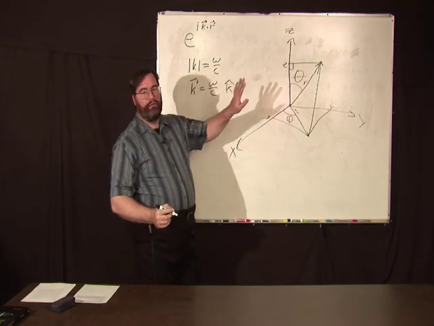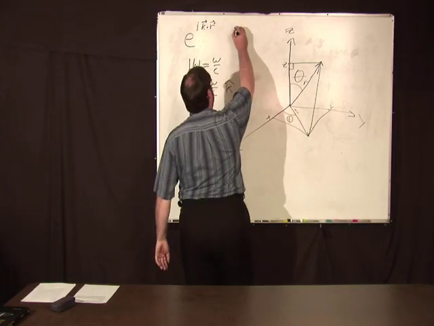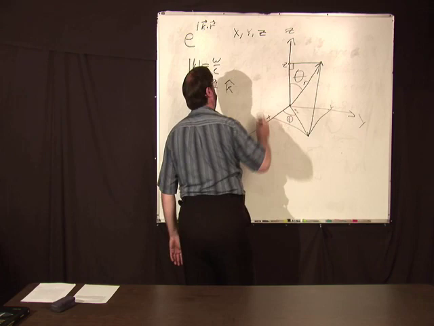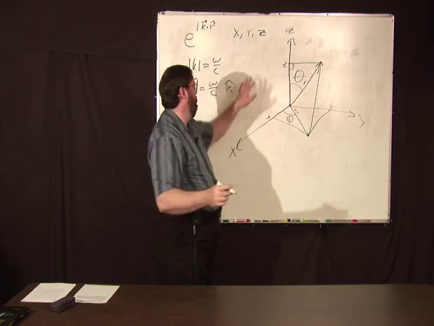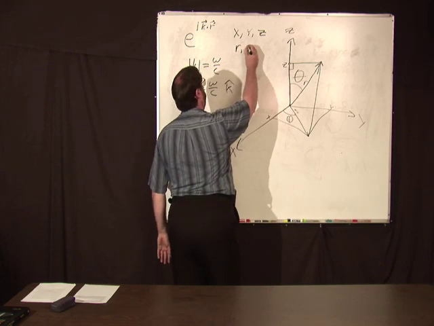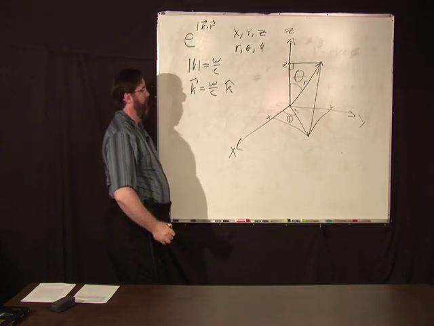So you've got two types of coordinates. You've got Cartesian coordinates, which are x, y, and z to describe a point in space, and polar coordinates r, theta, and phi.